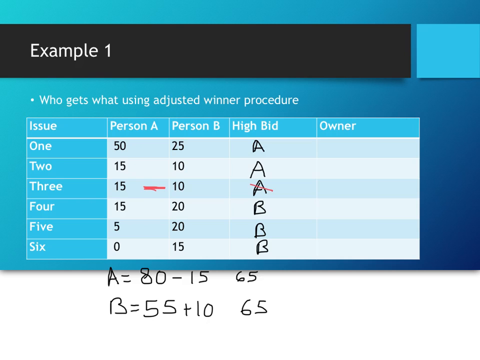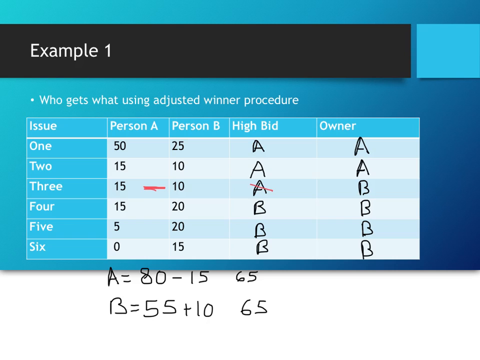When I say owner, it doesn't have to be a physical issue. The owner is whoever gets their way. A gets issues 1 and 2, and B will get the remaining 4 issues. Okay, so that's how the adjusted winner procedure works.